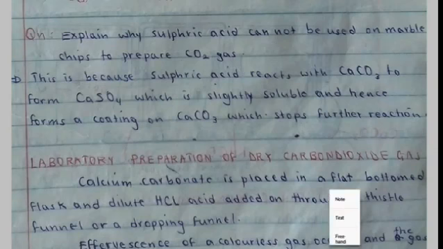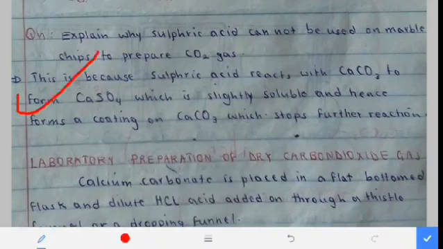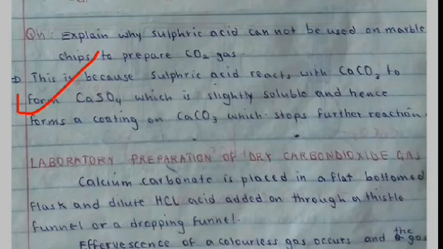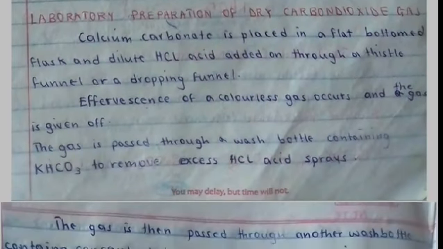The reason is because sulfuric acid reacts with calcium carbonate to form calcium sulfate, which is slightly soluble, and it forms a coating on calcium carbonate, which stops further reaction. So that is the clear reason for that question.